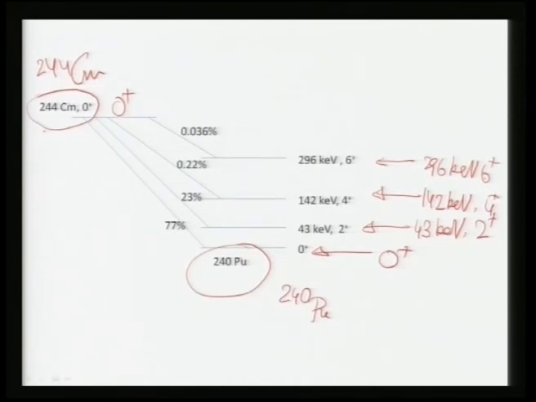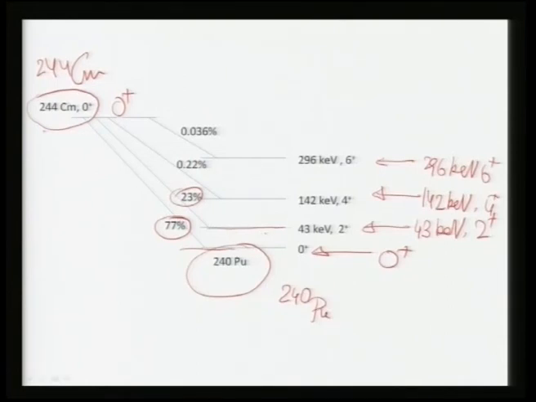For the alpha decay from the parent nucleus ground state to the daughter nucleus ground state, 77% of times the decay is to the ground state, but the decay is 23% of the time to the 2 plus. So, the probability is decreased because of the angular momentum carried by the alpha particle and the decrease in Q value.